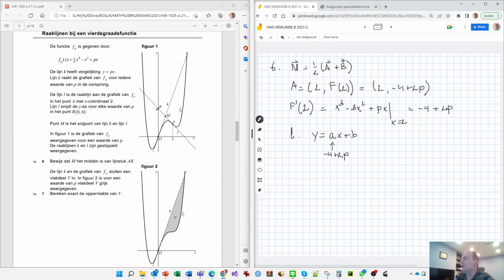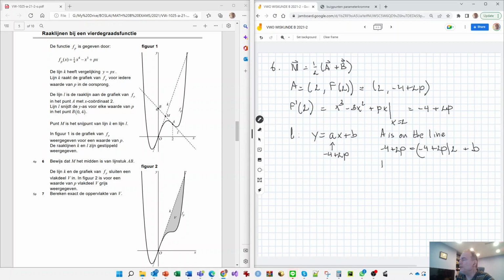We demand A is on the line, so the y coordinate of A has to be equal to minus 4 plus 2p times 2 plus b.